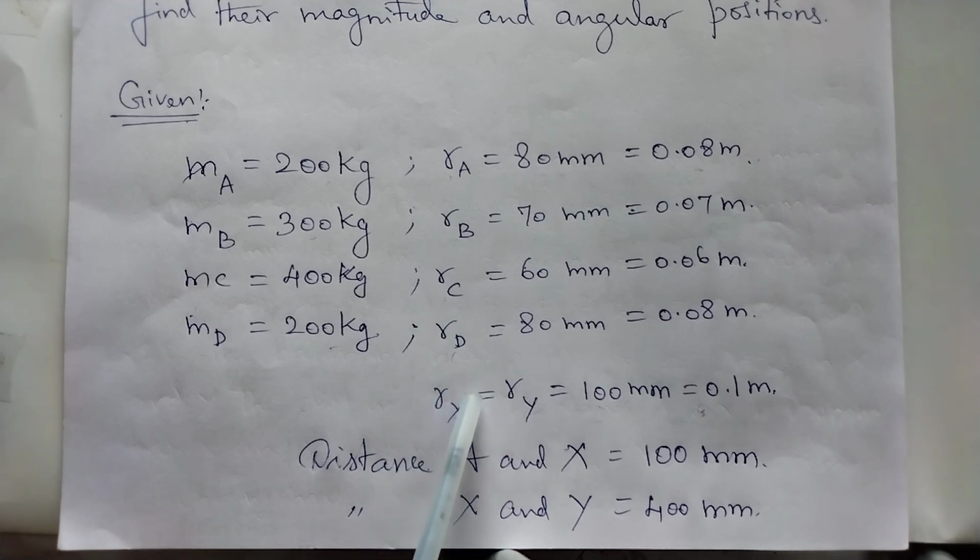Rx is the radius for the balancing planes, which are X and Y, and the distance between the mass and the balancing plane is 100 mm, and between X and Y it is 400 mm. Now we have to follow some steps.